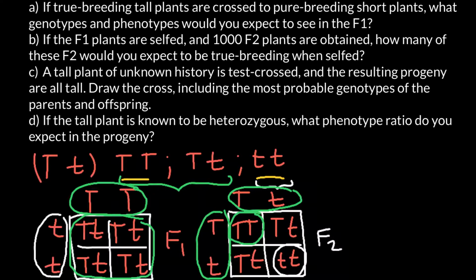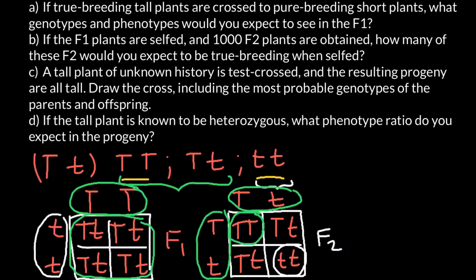Question C: a tall plant of unknown history is test crossed and the resulting progeny are all tall. Draw the cross, including the most probable genotypes of the parents and offspring. What do we call a test cross? We test with a plant of known genotype and known phenotype.